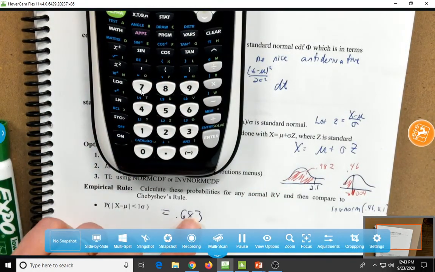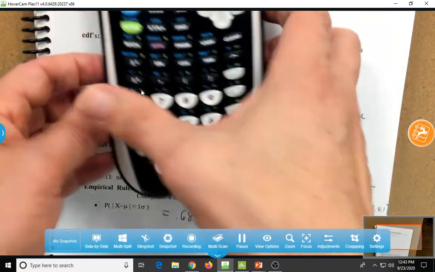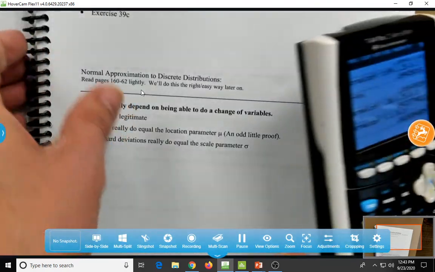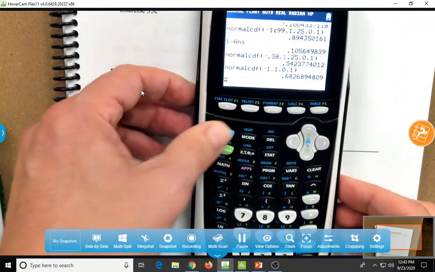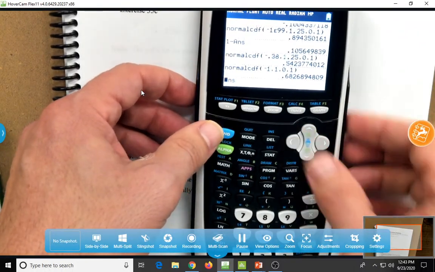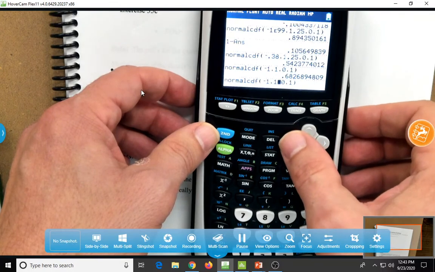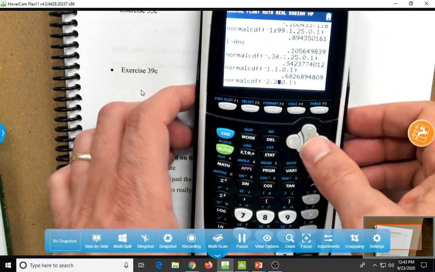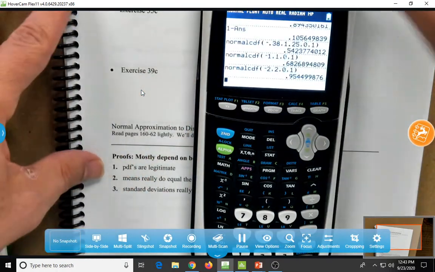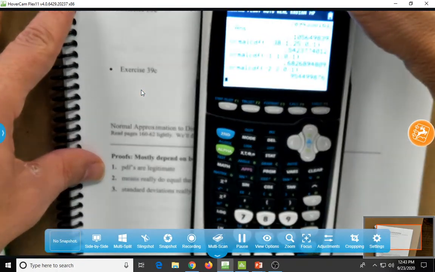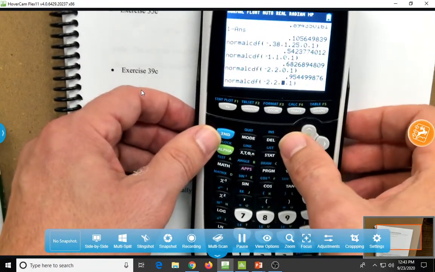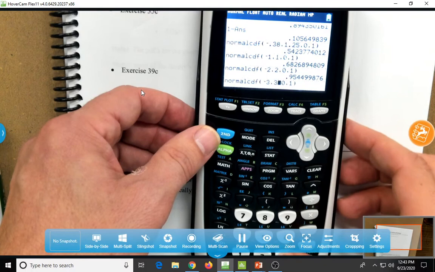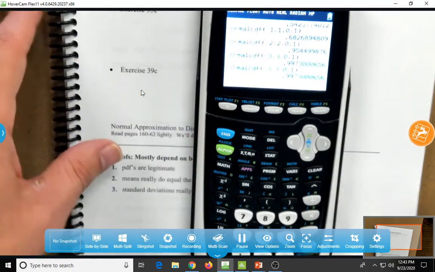I'll just put 0.683. That's much different than the 75% for Chebyshev. Let's do it for 2 standard deviations from the mean. That's 0.954. And 3 standard deviations from the mean, we'd go from -3 to 3. 0.997.